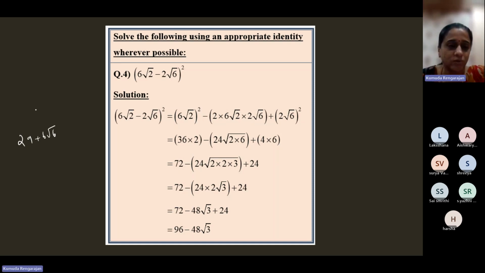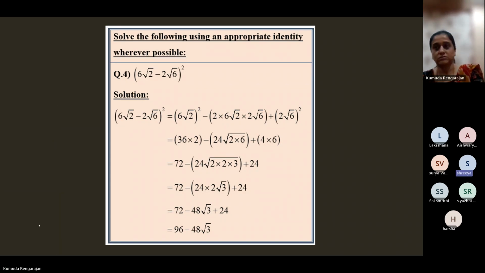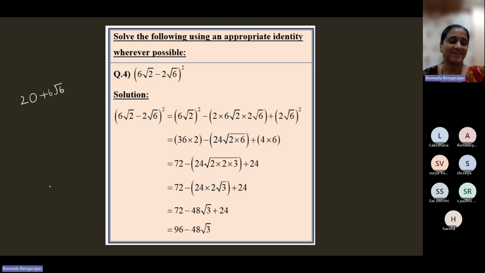And Smriti, what did you say? 14 minus 2 root 5. Ma'am, I also got a different answer. It's actually 20 plus 6 root 6. That's what I got.